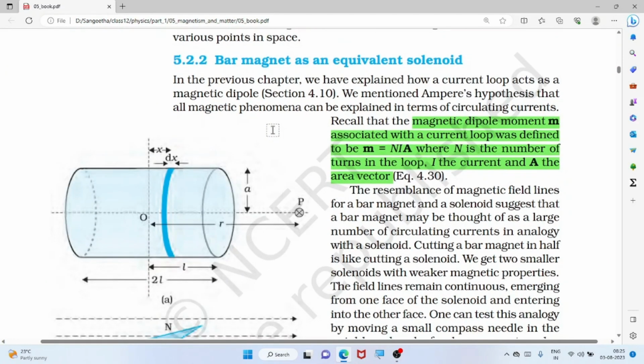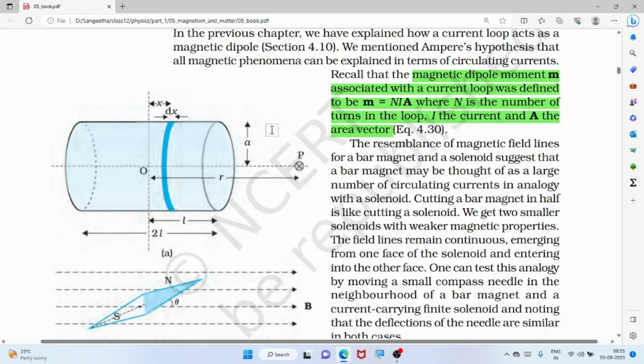Bar magnet as a solenoid. The magnetic dipole moment of the solenoid is equal to NIA. N is the total number of turns in the loop, I is the current, A is the area. This is a diagram with a small length dx, at a point at distance r from the center.